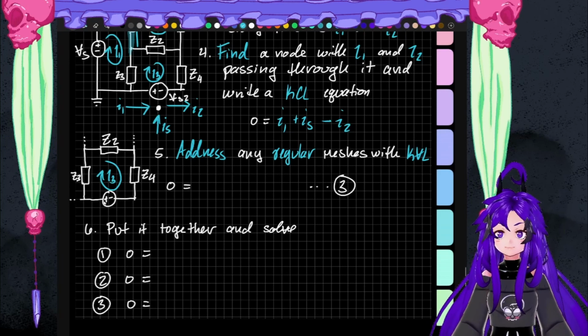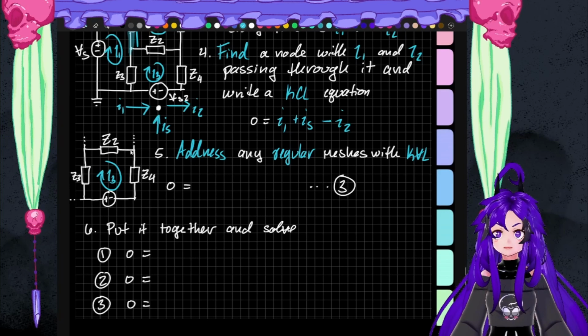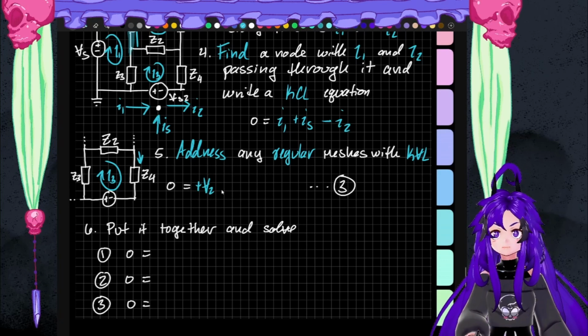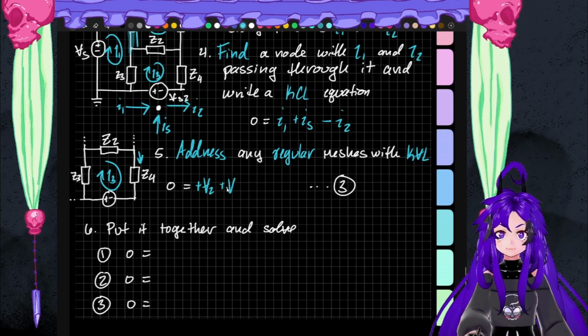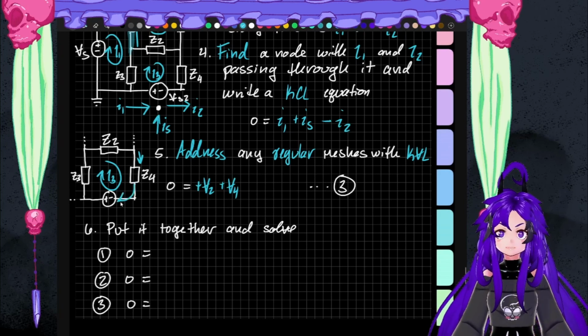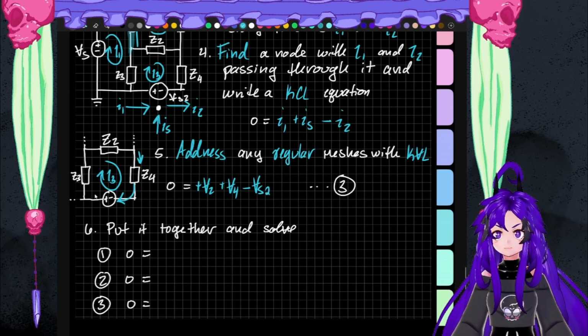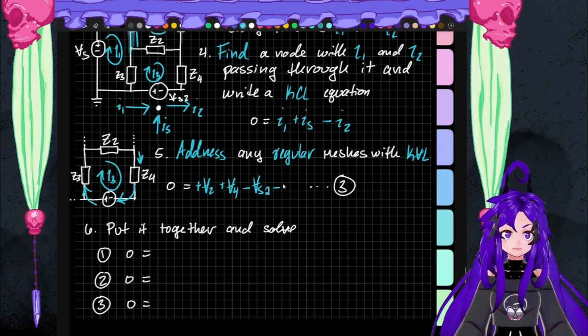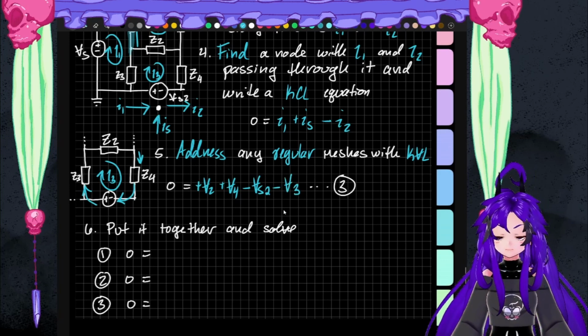We have positive into Z2, so plus V2, right? Into the positive side of Z4, so plus V4. Then we are going into the negative side of the source, so minus V source 2, just to denote it from the other one. And then we're going to have into the negative side of Z3, so minus V3. And that's our equation.